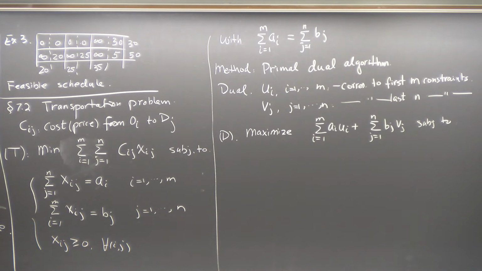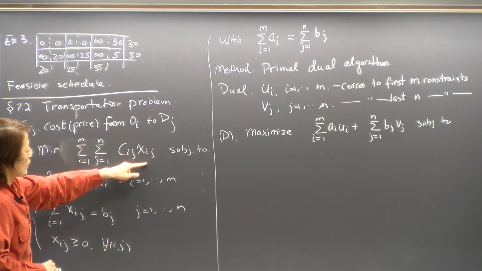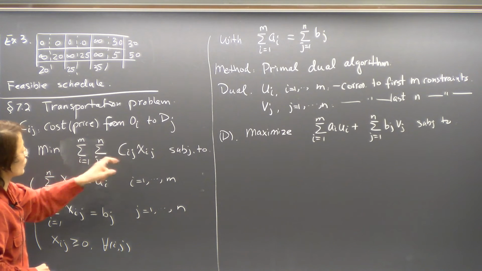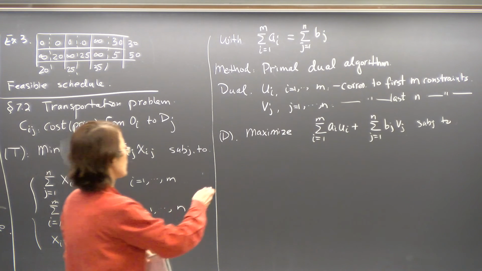If you look at the coefficient of xij, xij appears once here in this computation with coefficient 1, and here also with coefficient 1. And then the one that goes up to the objective function corresponds to the coefficient Cij. So that gives you the constraint.